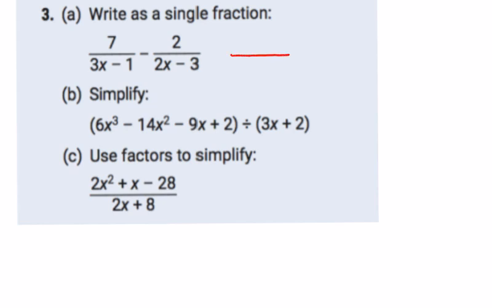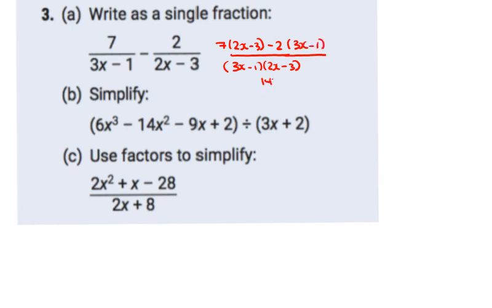Question 3a, write as a single fraction. 3x minus 1 by 2x minus 3 on the bottom, and we multiply 7 by what it's not over, and then we have a minus 2 by the 3x minus 1 that it's not over.